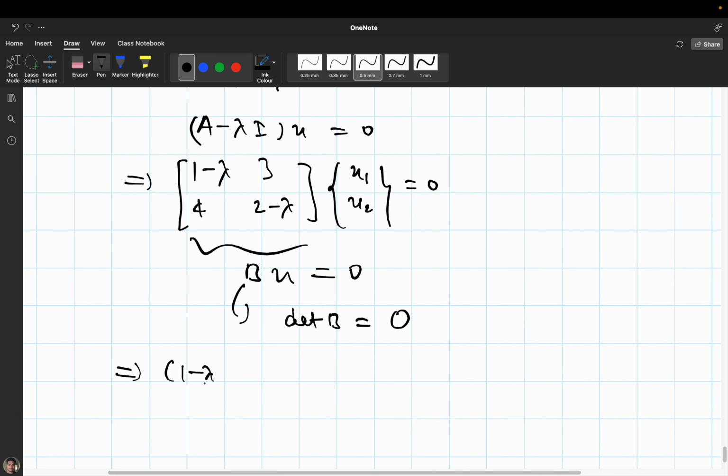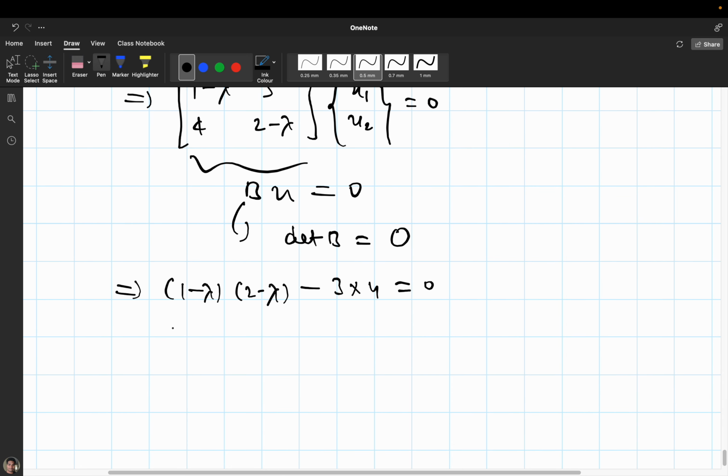Now what is the determinant of B? Simply 1 minus lambda times 2 minus lambda, minus 3 times 4, equal to 0. This will be a quadratic equation. So that will be 2 minus lambda minus 2 lambda plus lambda square minus 12 equal to 0. Lambda square minus 3 lambda minus 10 equal to 0.